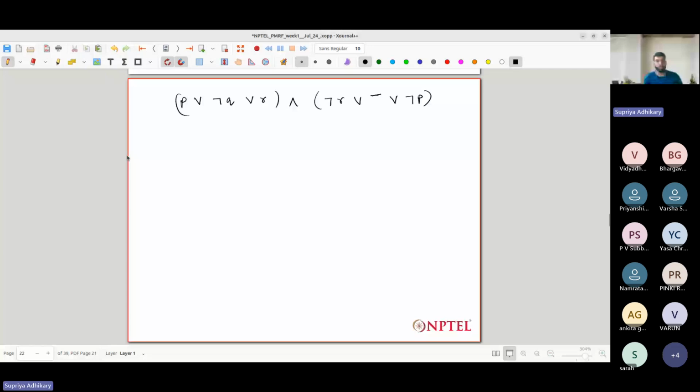I mean, it's easy to see because what the dual does is that given any disjunction, it changes to conjunction, and given any conjunction, it changes to disjunction. And also a true assignment will be replaced with false, and false is replaced with true.